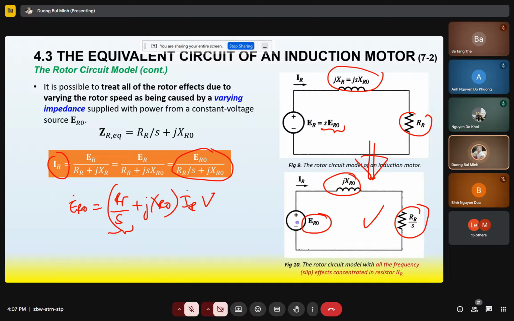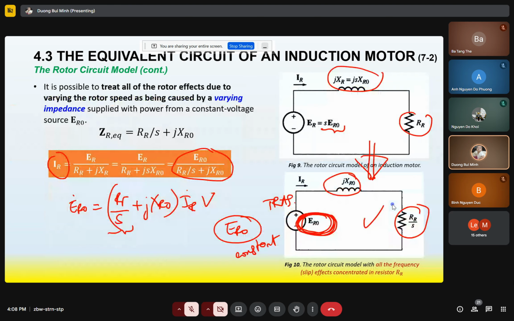Why do we need this? Because for this one we can fix EI0, the same EI0 as for the transformers. So EI0 is constant. This is constant.